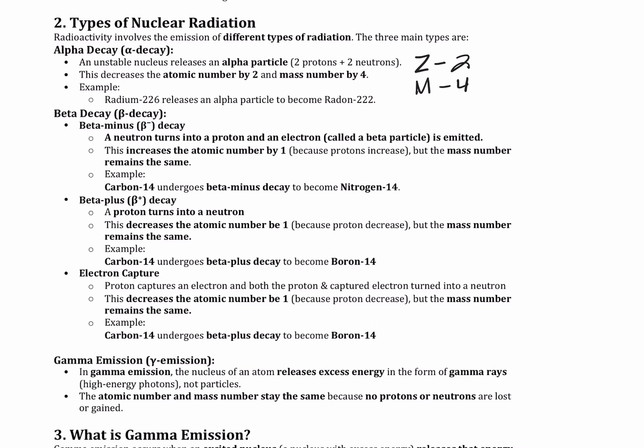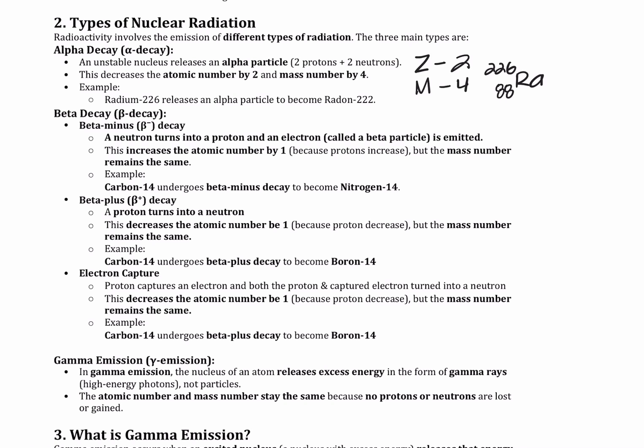For example, we have here radium. If you look at your periodic table for radium, you'd see that it has an atomic number of 88. It has a mass number here, in my example, of 226.